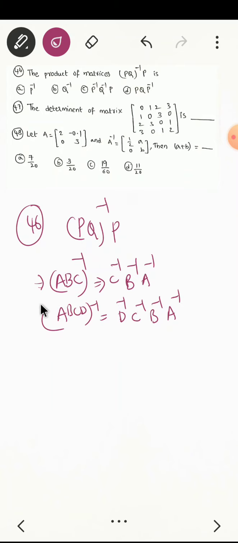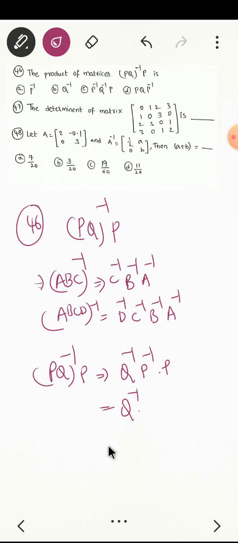That means the reverse manner. So PQ whole inverse P can be written as Q inverse P inverse P. P inverse P is I, so Q inverse into I is Q inverse. So option B is correct.